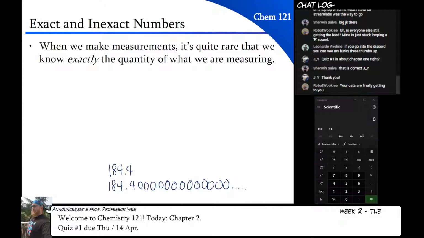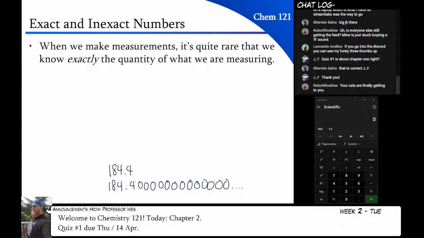Are all the digits after that zero? Do you think it's likely that you'd land on exactly 0, 0, 0, 0, 0 forever? Almost certainly not, right? You probably weigh some number between those two. 184.4, 180,963. It'd be something like that, right? It'd just be some random set of numbers.